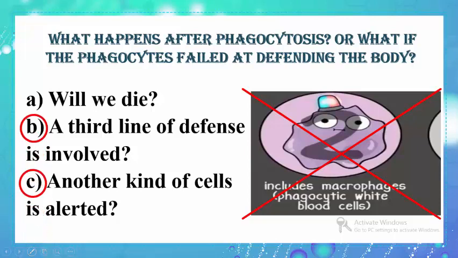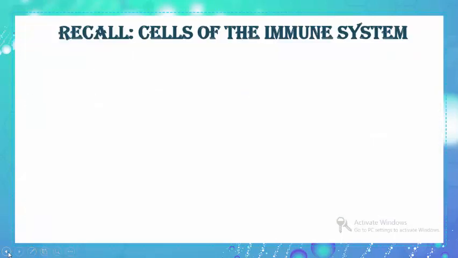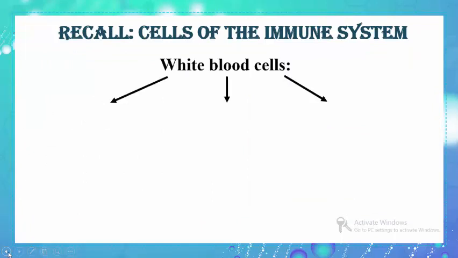In fact, after the failure of the second line of defense, our body needs help. It needs the intervention of new white blood cells and a new line of defense, which is more specific and definitely more efficient. Let us now remember together the immune cells, meaning the cells that intervene in the immune system, which are the white blood cells.